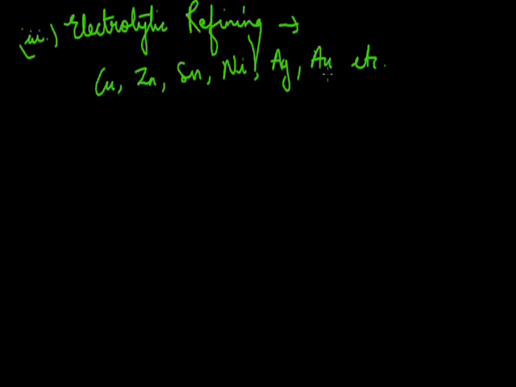In this method, the crude metal is cast into thick rods and made the anodes, while the thin sheets of pure metal are made the cathode. So for this we will see the diagrammatic view.